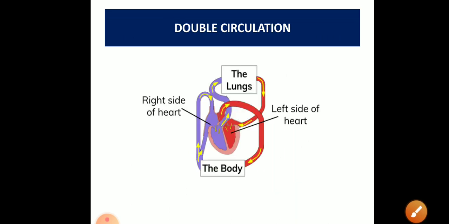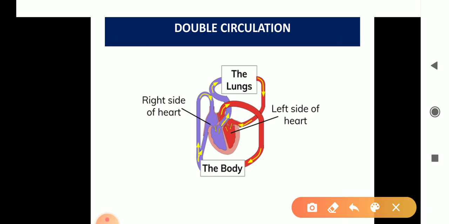Now see, this diagram is also showing this. From the body, through the inferior vena cava and superior vena cava, blood goes into the heart. Then from the heart, again through the aorta, it goes into the body. This is the systemic circulation.